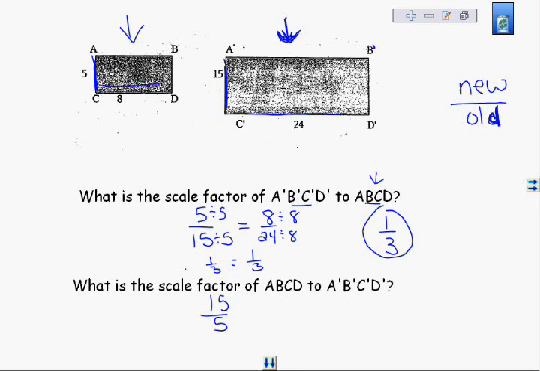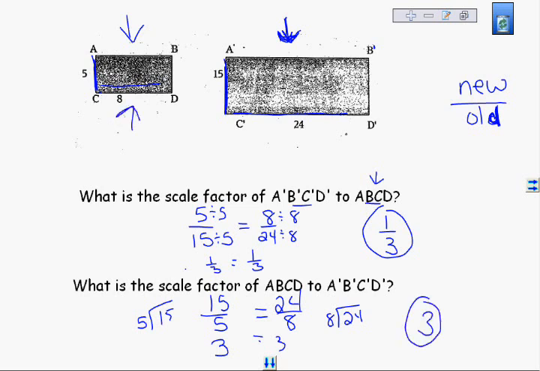CD over CD. You can use either one. They should be equal because it's supposed to be a similar figure. 15 divided by 5, because this is an improper fraction, gives you 3. 24 divided by 8 gives you 3. So we took this original image and we blew it up by 3.